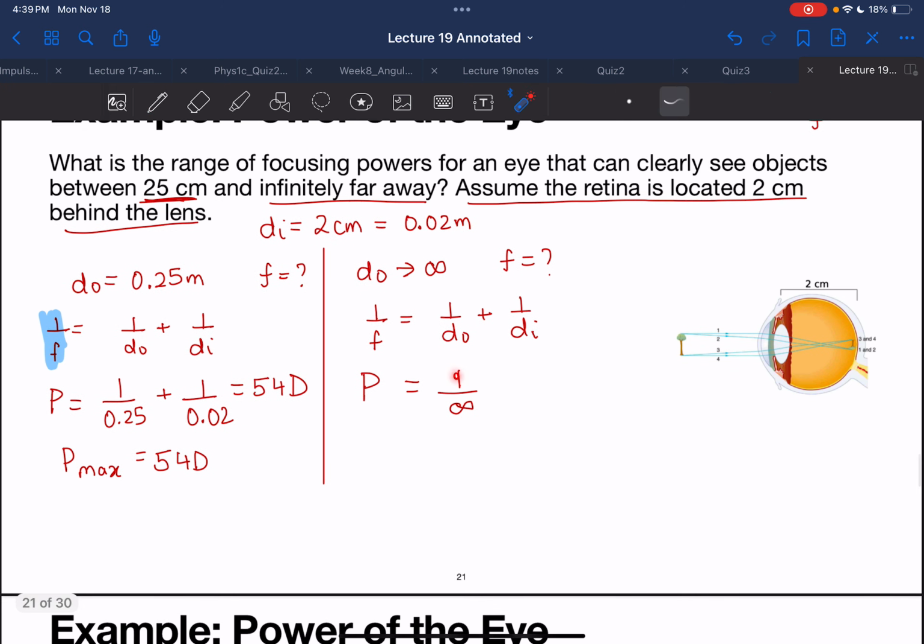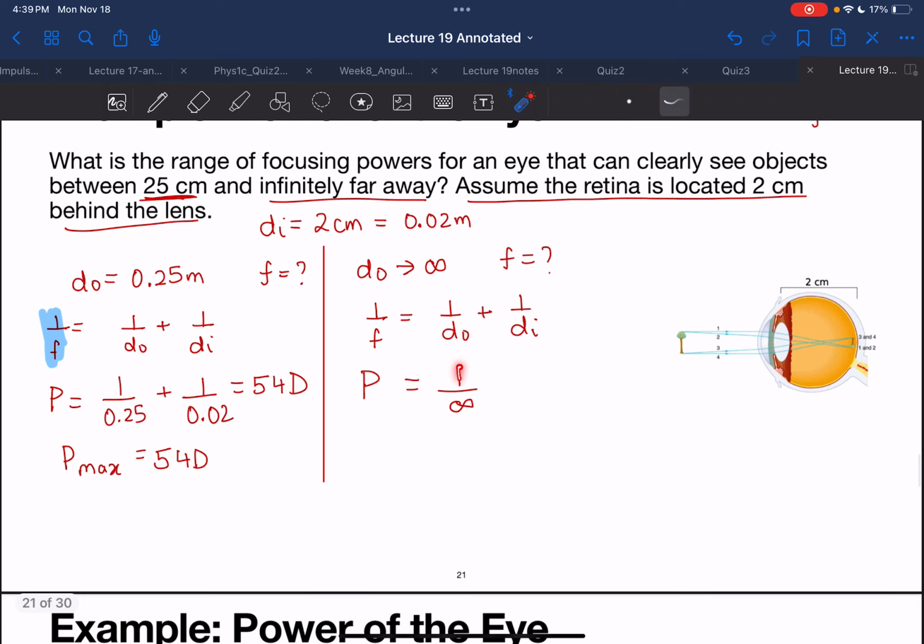And if you're bothered by me doing 1 over infinity, that's good, because essentially we're taking a limit when do goes to infinity. But I'm not going to bother with limits here. We're just going to say, if you're dividing by a very large number, then this whole thing goes to 0. Plus 1 over di, and di is still 0.02 meters. That gives us that the power is just 0 plus 1 over 0.02 meters, which is equal to 50 diopters.